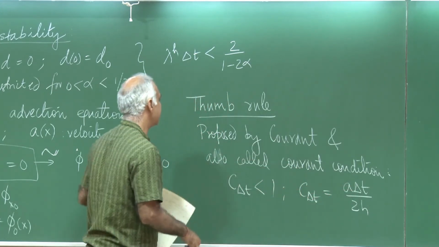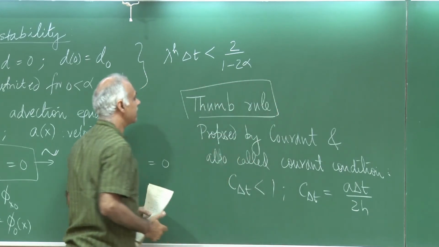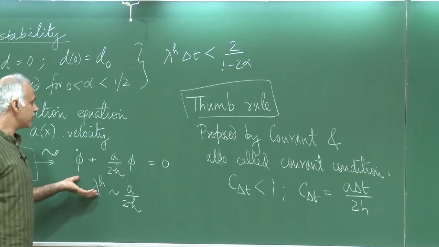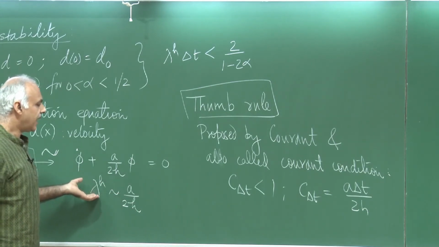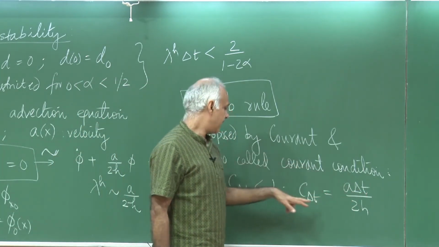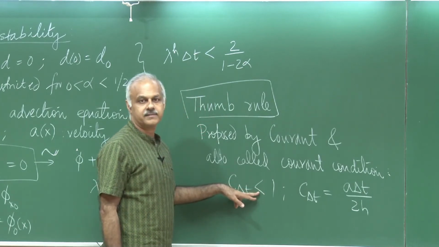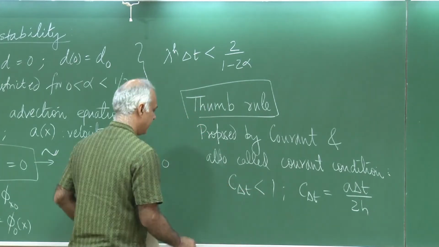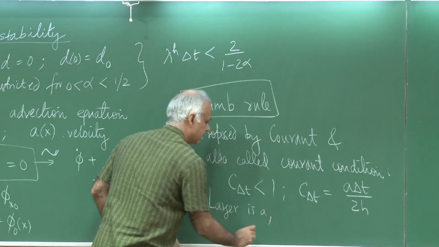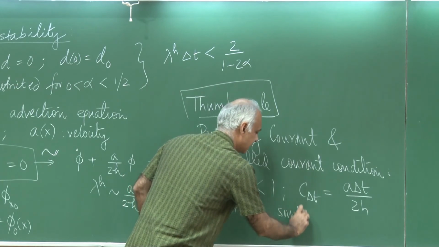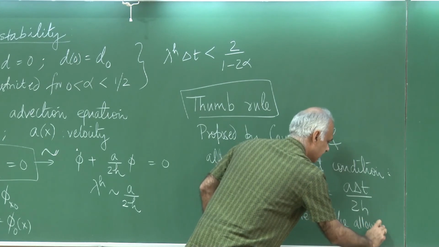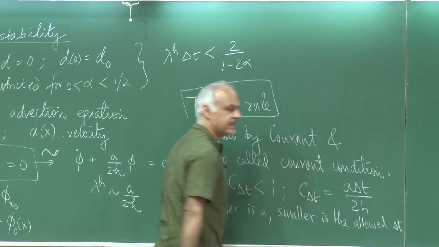Okay. So, this in that sense is a thumb rule, but the motivation is very clear that if I think of this as my eigenvalue A by 2h, then really I am looking at a restriction on lambda h times delta t, and that is being said we should not exceed 1. So, the fallout is that larger is A, smaller is the allowed delta t.